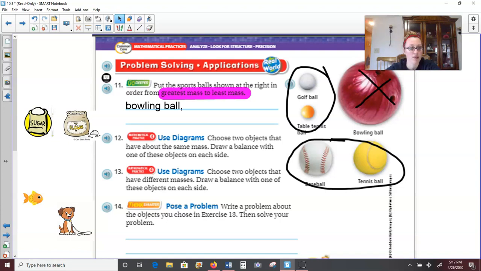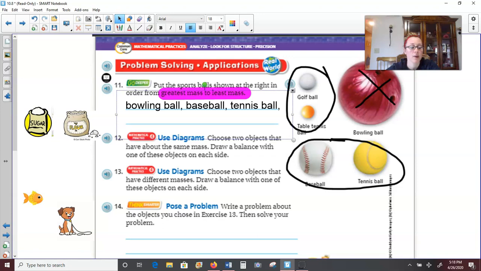So I'm going to go to the next 2 balls that are greater in size, so the baseball and tennis ball. So let's just compare those two. Out of baseball and tennis, I know from my own experience that a baseball weighs more than a tennis ball.